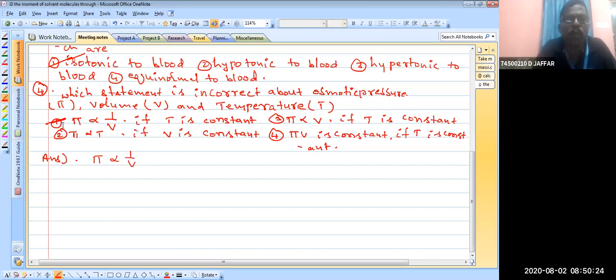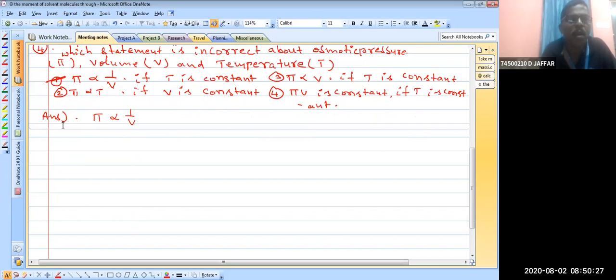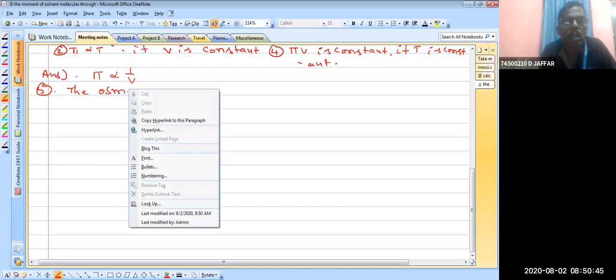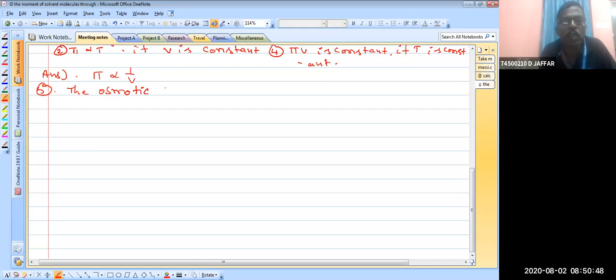Question number 5. The osmotic pressure of a solution at 0 degrees centigrade is 4 atmospheres.